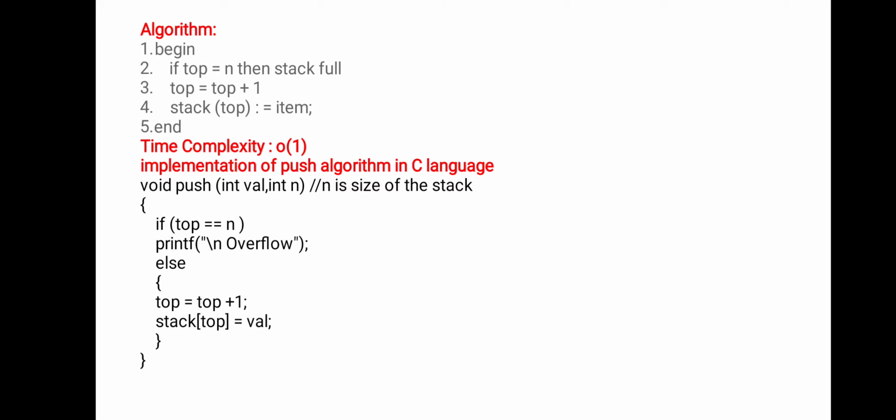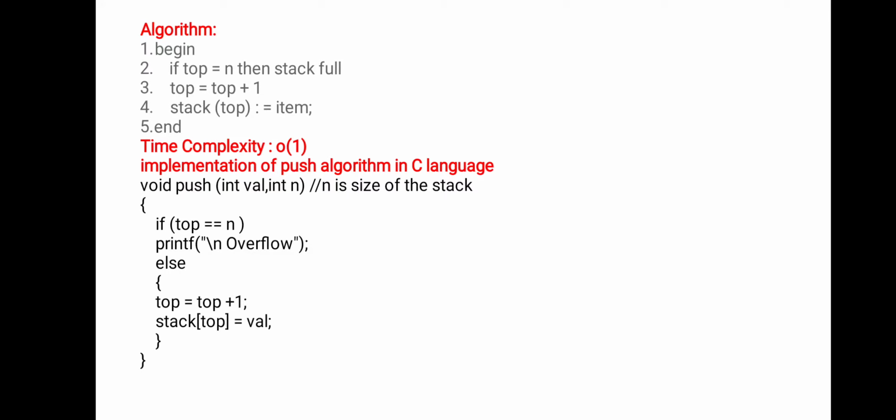Here, just: if top is equal to n. Note that a single equal sign is the assignment operator, but double equal sign is the comparison operator. Here, if top is equal to n, meaning the value of top is equal to n, then print overflow.